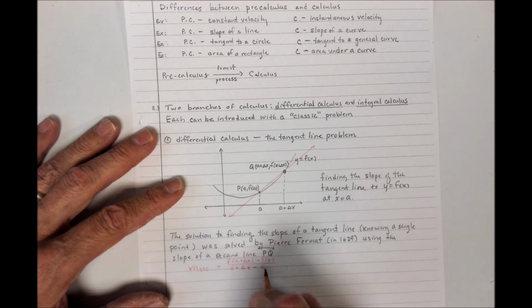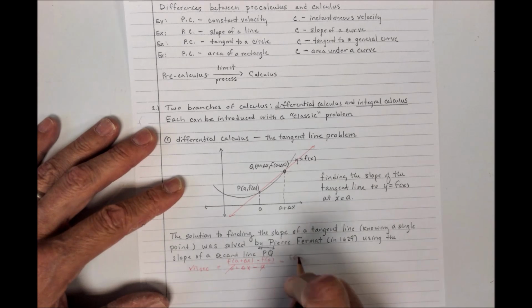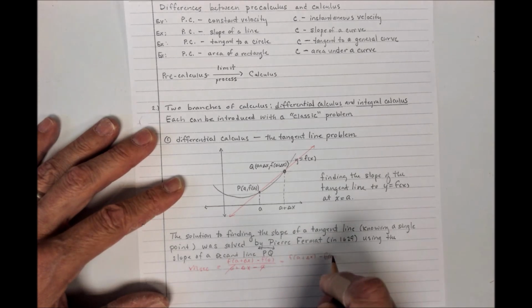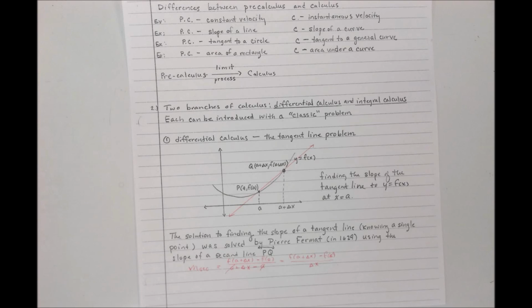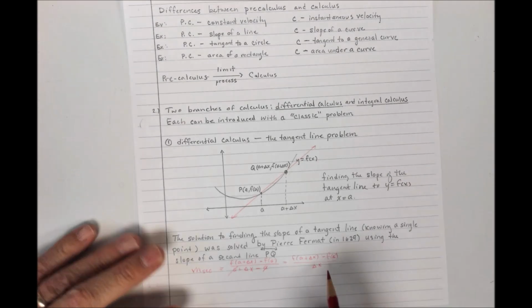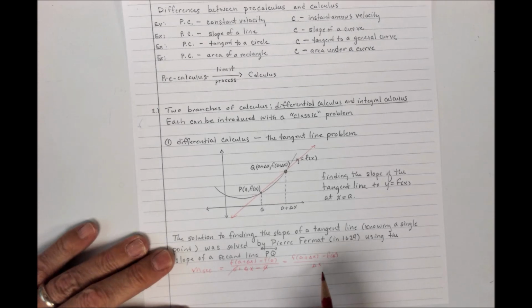And of course, you can see that these a's cancel, and I end up with f of a plus delta x minus f of a all over delta x. Now, that should look familiar from back in the prerequisite chapter. We called it the difference quotient expression. And we are going to find the slope of this expression using the limit process.